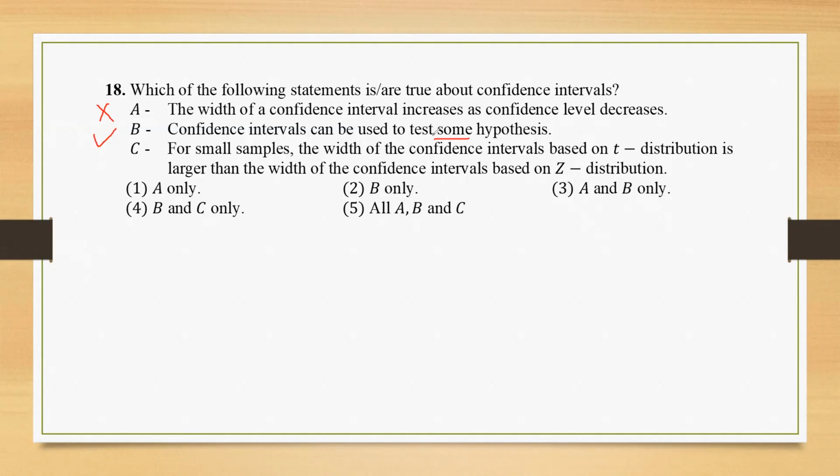Consider the statement C. For small samples, the width of the confidence intervals based on T distribution is larger than the width of the confidence intervals based on Z distribution. It is correct, because we know that the T distribution has more variation than the Z distribution.